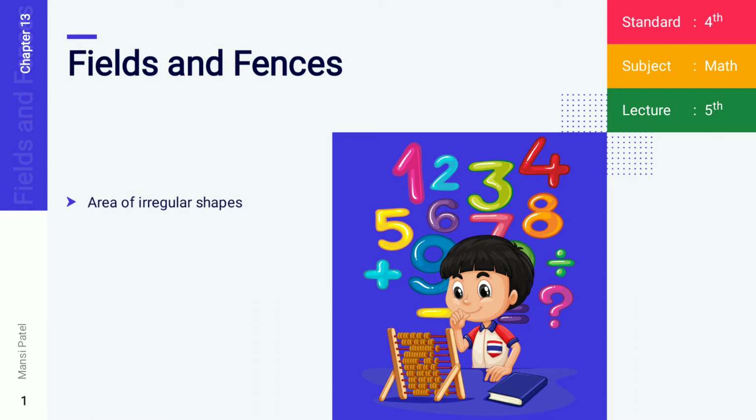Till our last session, we studied some concepts regarding perimeter and area, including the area of regular shapes. Now, in today's session, we are going to learn how to calculate the area of irregular shapes. So let us start our session.